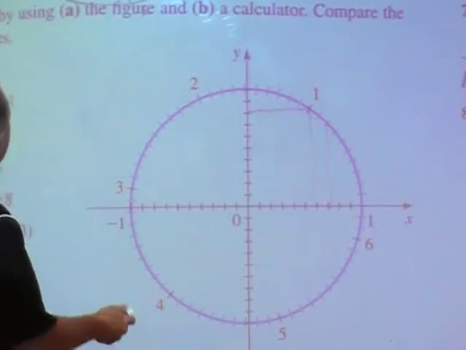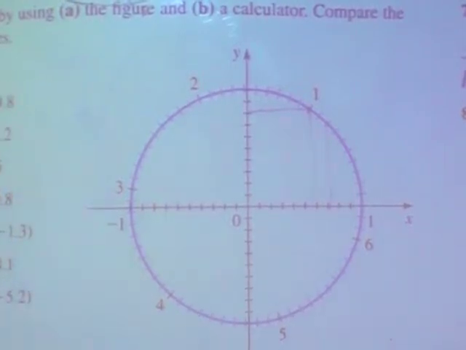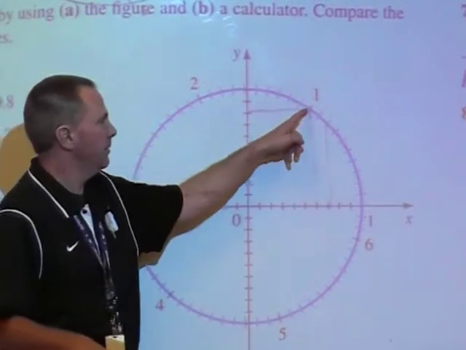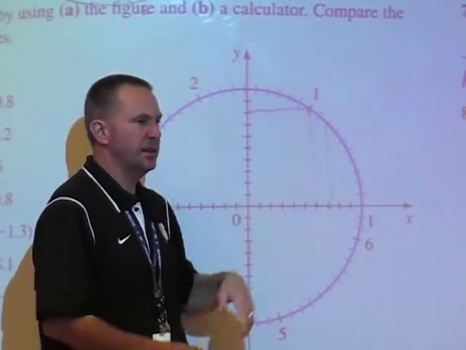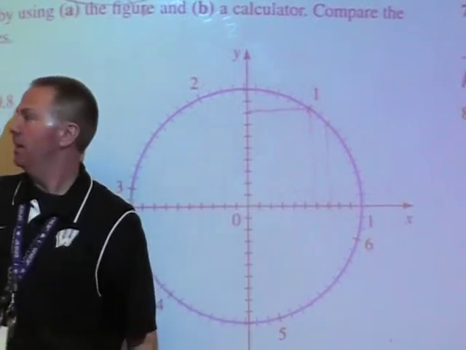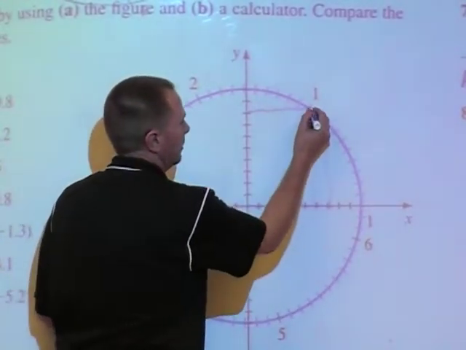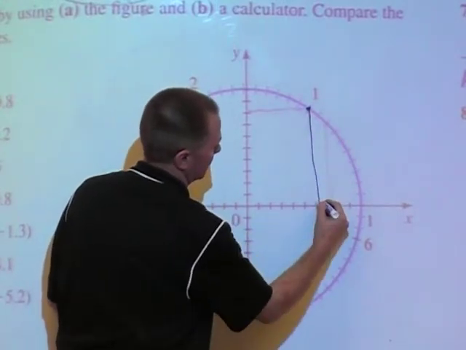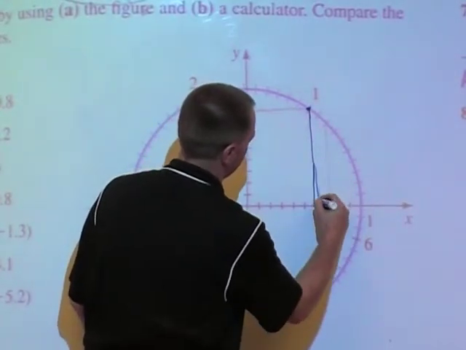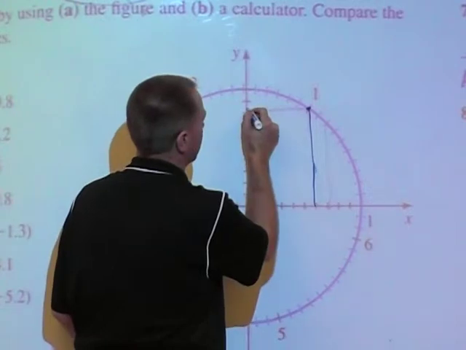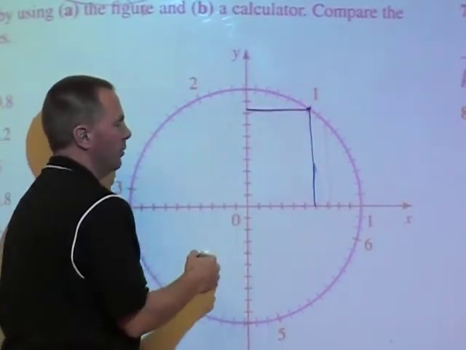Okay? What it's asking is find an approximate value of the given trigonometric function, the sine of 1. So basically what I want is the y value of that coordinate. Well, what is that? You notice I have lines drawn on here. Notice it's a little bit above that point.